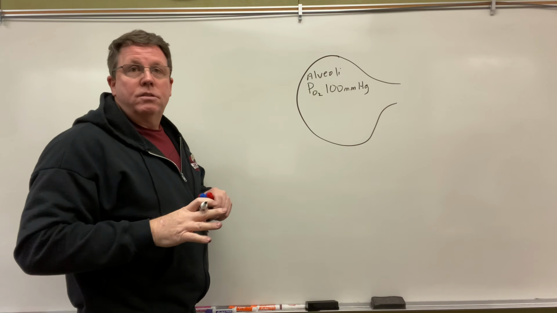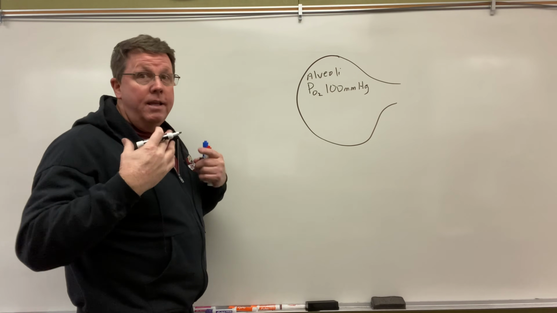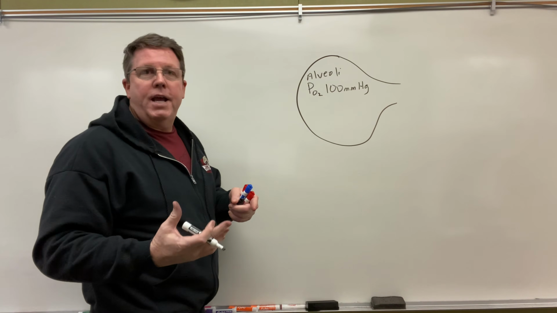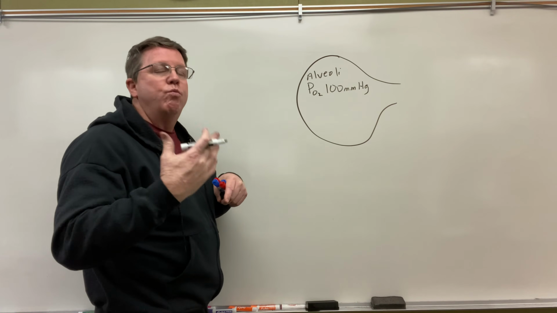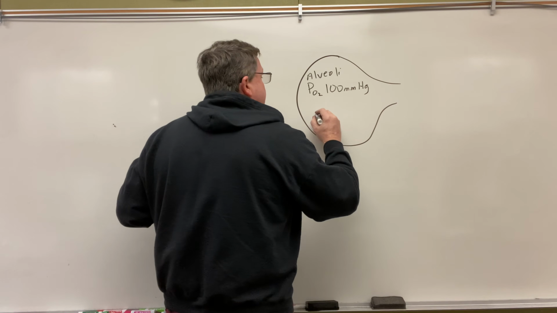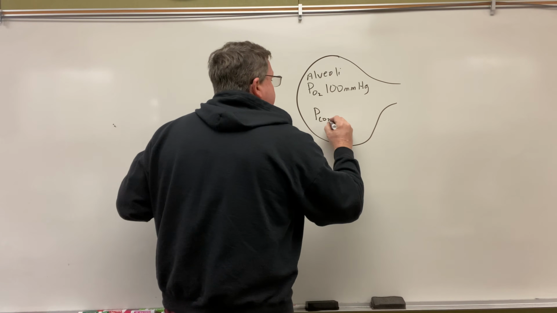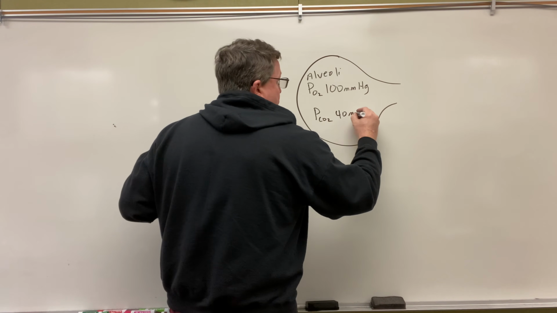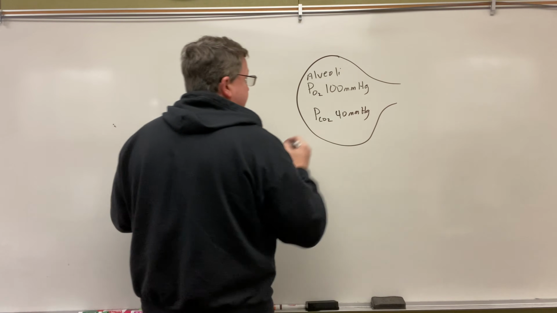We also said there's carbon dioxide in there. We just said carbon dioxide makes up about 0.4% of atmospheric pressure, and here it's going to make up about 40 millimeters of mercury pressure inside the alveoli.